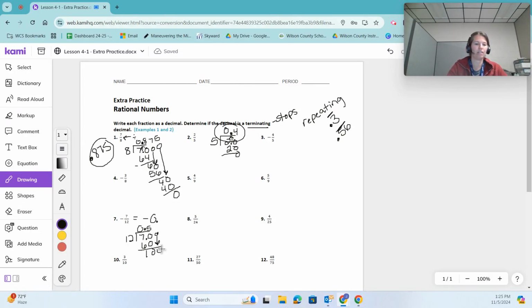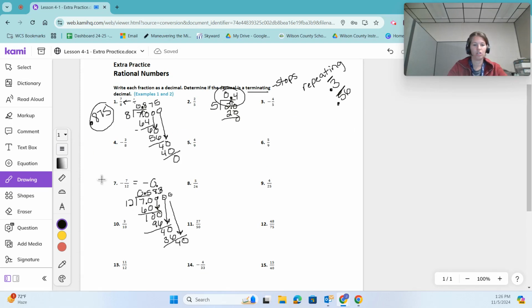Bring down my 0. 12 goes into 100 8 times, which is 96. Do my subtraction. Bring down the 0. 12 goes into 40 3 times, and I get 36. Bring down a 0. 12 goes into 40 3 times, I get 36.